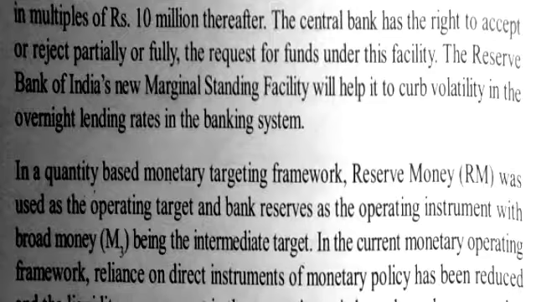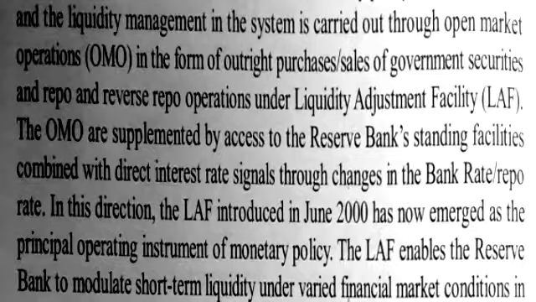In the current monetary operating framework, reliance on direct instruments of monetary policy has been reduced and liquidity management in the system is carried out through open market operations in the form of outright purchase and sale of government securities, and repo and reverse repo operations under the Liquidity Adjustment Facility.